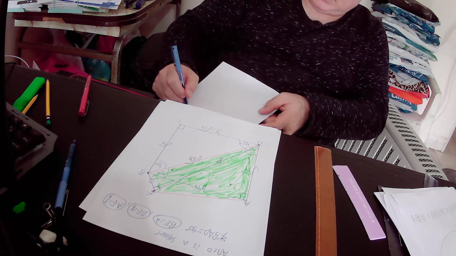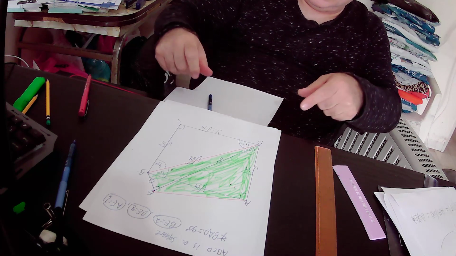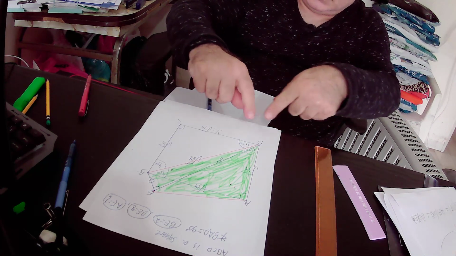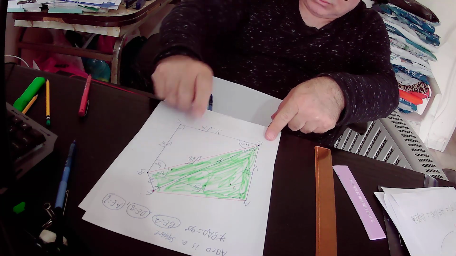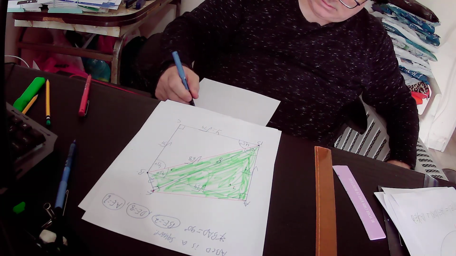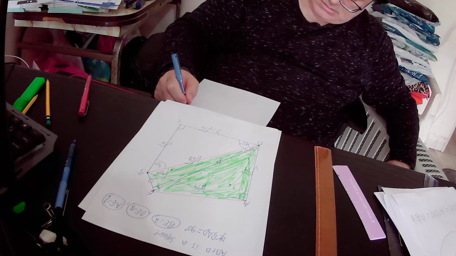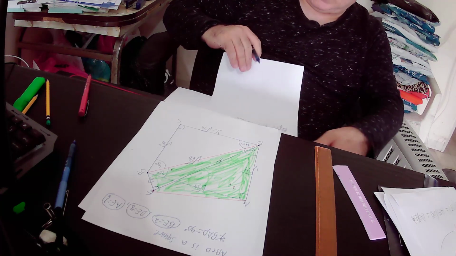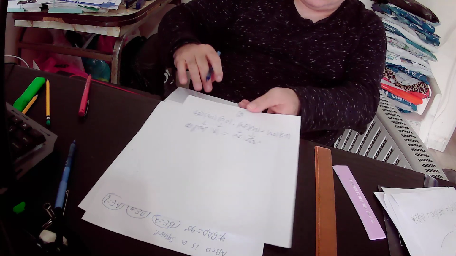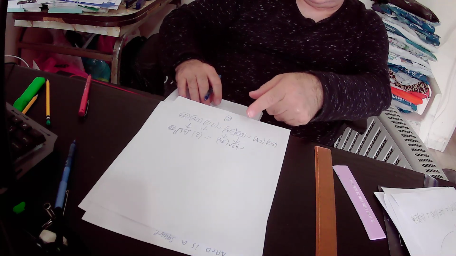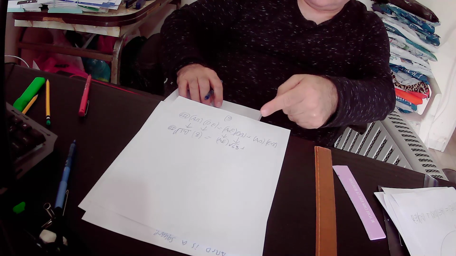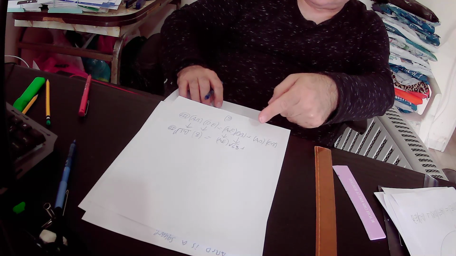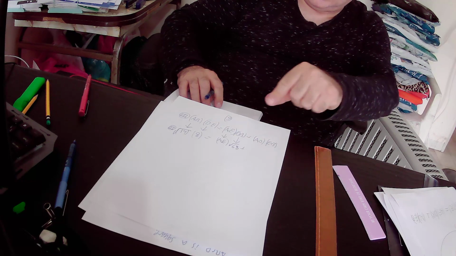Times DB. DB equals the square root of 68 units. I will repeat again. AE is the missing line segment. DB equals the square root of 68 units.